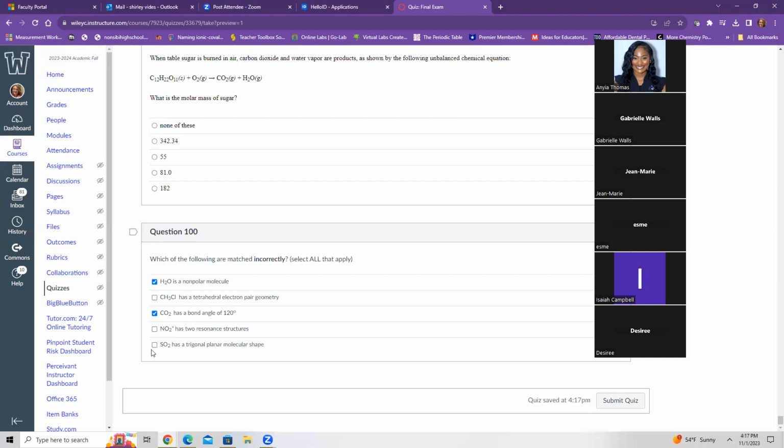And does this one have a trigonal planar molecular shape? No, it does not. And it's very obvious that it doesn't. Why? Because it says molecular shape, and a molecular shape would include, exactly, you would have to have an SO3 at least, right? Because a molecular shape would have to be all bonds.